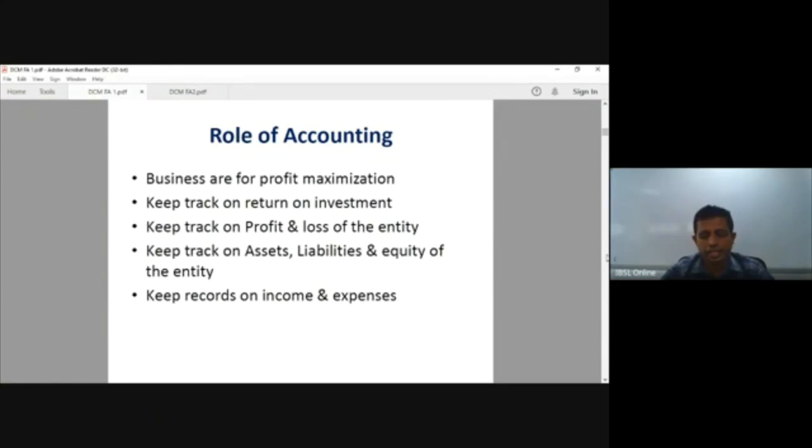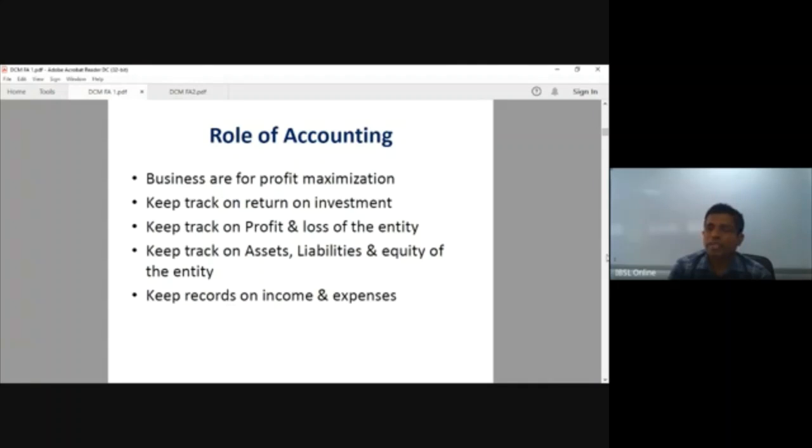Then the role of accounting. In a business organization, there is the profit motive, therefore businesses are for profit maximization purposes. Therefore, in order to know the profit, accounting plays that role, and keeps track of the return on investments, right?